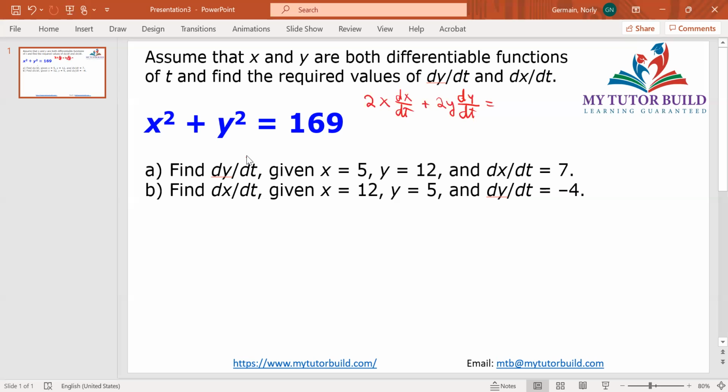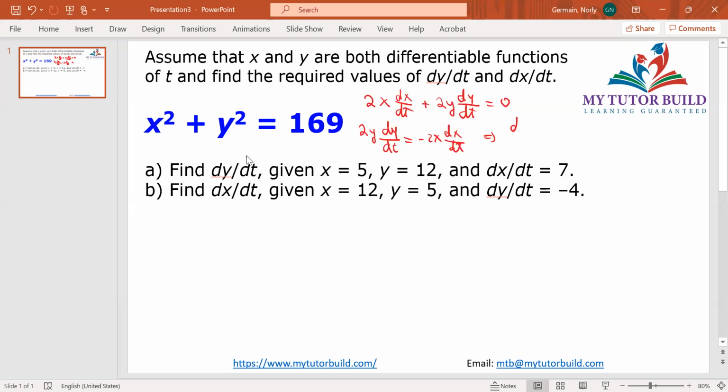So what is the derivative of a constant? It's 0. Now, if we subtract 2x dx/dt from both sides, we're going to have 2y dy/dt equal negative 2x dx/dt. Now, let's divide both sides by 2y.